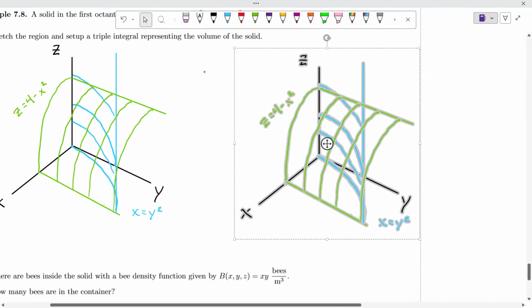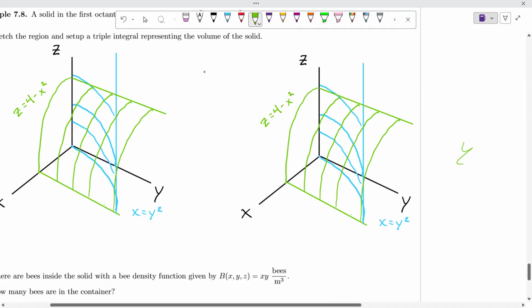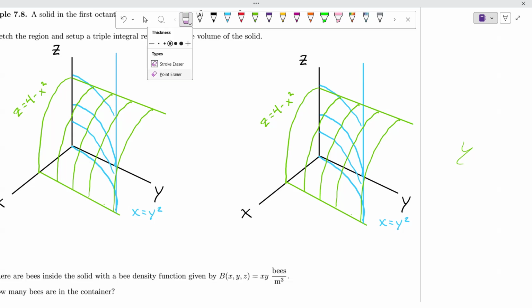And start erasing some pieces to see if we can figure out what shape we're actually supposed to be seeing here. So if I were to get rid of just some of this shape, this part out here, we don't have an intersection. We don't need this tall blue line right there.